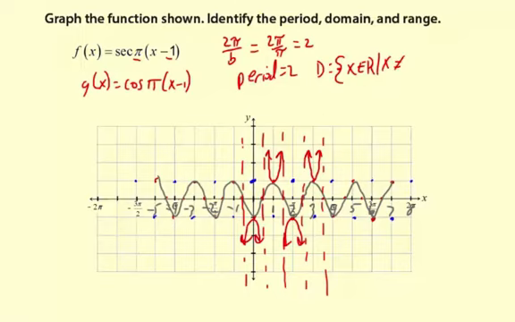Now there's an asymptote at 1/2, 3/2, 5/2, 7/2, and it continues the other way, -1/2, and so on and so forth. So what we're going to say is x can't equal 1/2 plus n, because we're going by integers of 1. So every time you add 1 or subtract 1, that'll give you another asymptote.